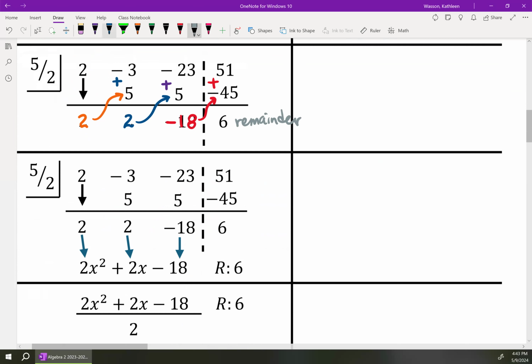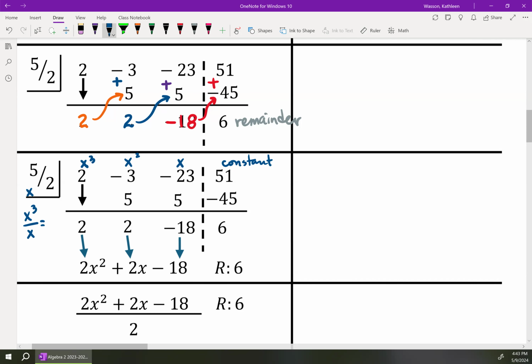When I divide, I started with 2x to the third minus 3x squared minus 23x plus 51, constant. But I divided by 2x minus 5. This has an x also. So I have x to the third divided by x.